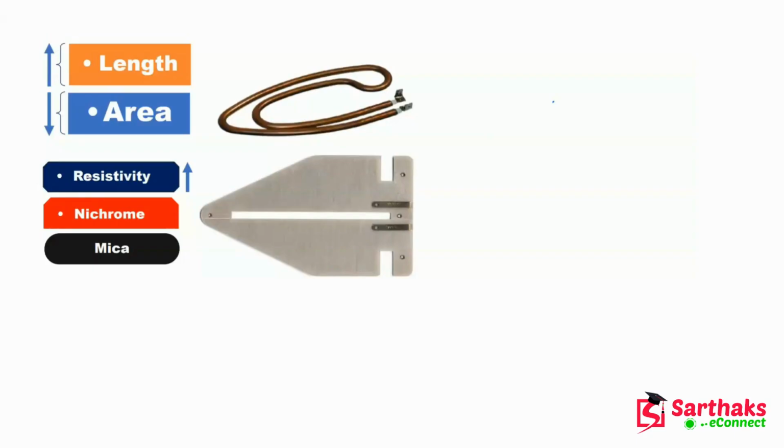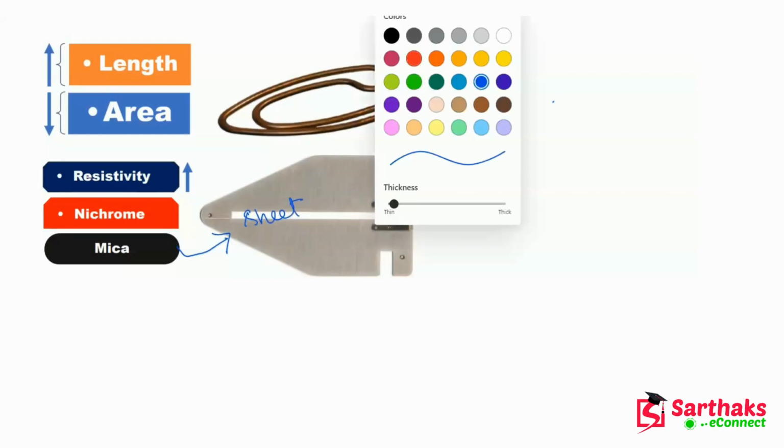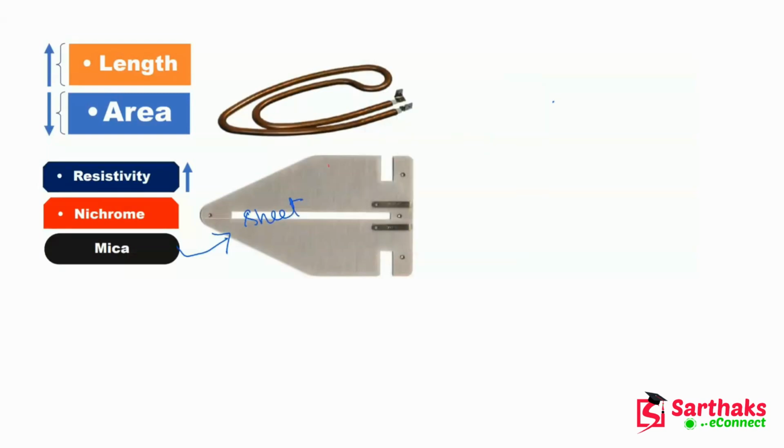To increase the resistivity, I used nichrome as the alloy, and this sheet is made up of mica. Why mica? Because I need the current to not be transferred, but I need the heat to be transferred. That's why I use mica, because it has these properties.